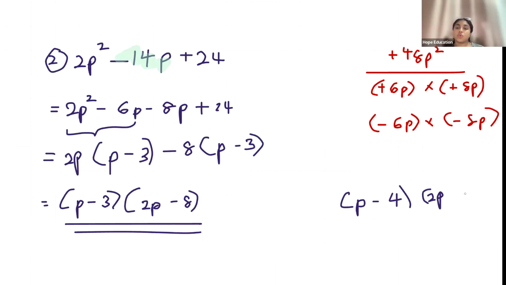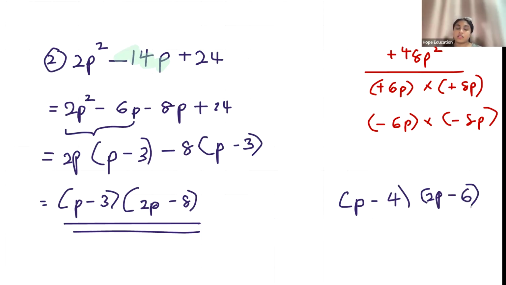Minus 8p. Minus 6p. All right, okay. Minus 8p, yeah. That should be correct. So let's see if this is correct.